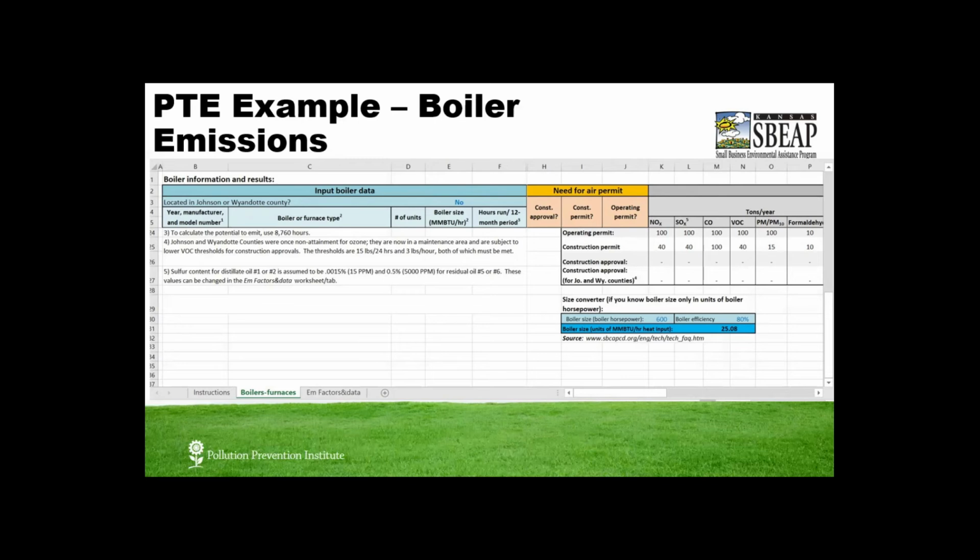At 100% efficiency, the 600 horsepower boiler would have a heat rating of 20.07 million BTU per hour. Using the 20.07 million BTU per hour in the calculations would result in less emissions. Therefore, for PTE purposes, the manufacturer's information on efficiency must be used to calculate the worst case emissions from the boiler.